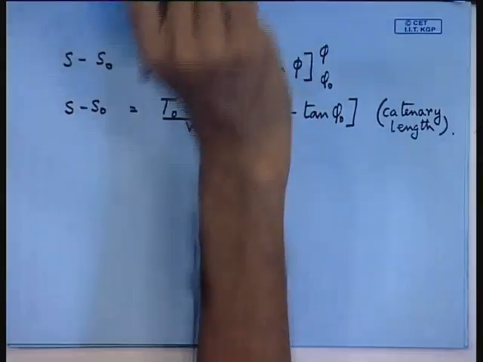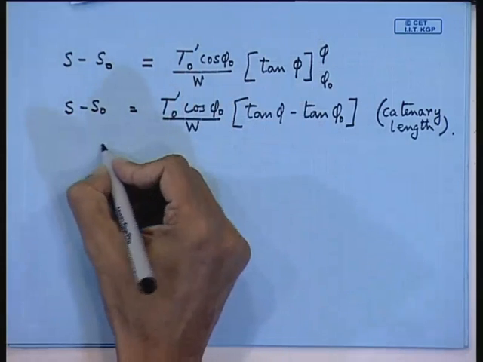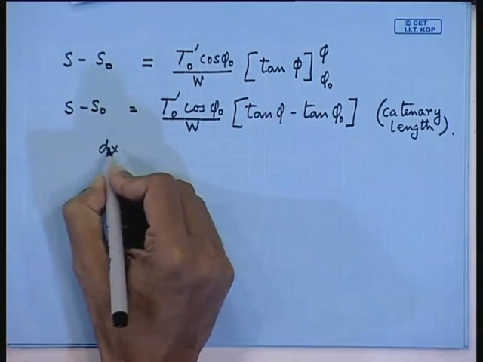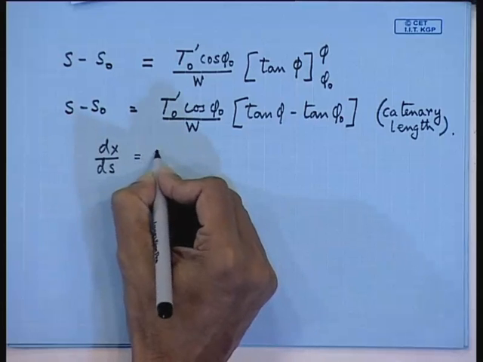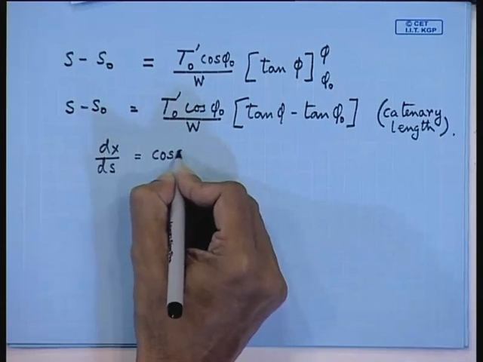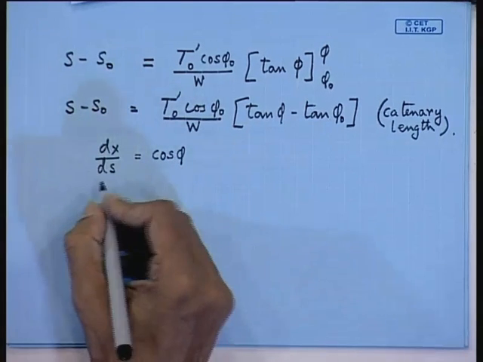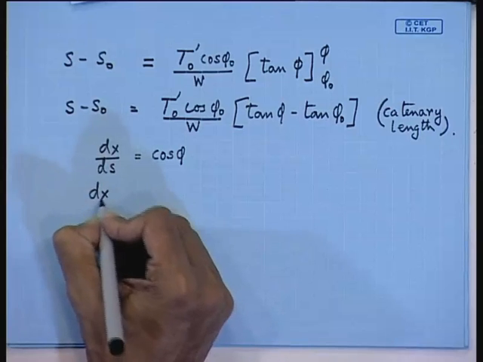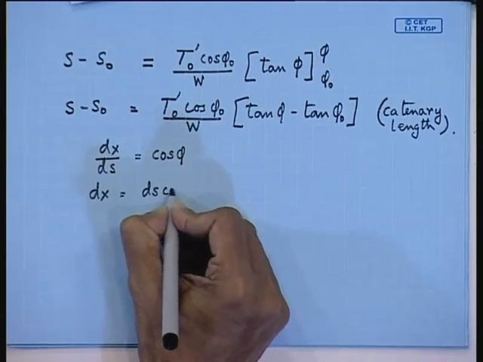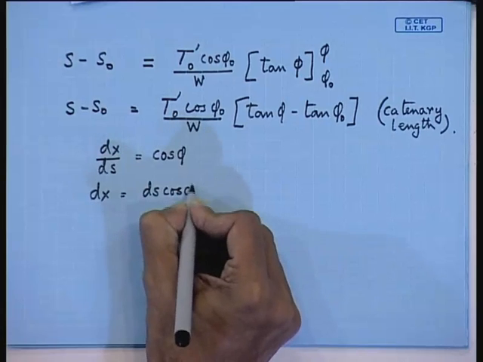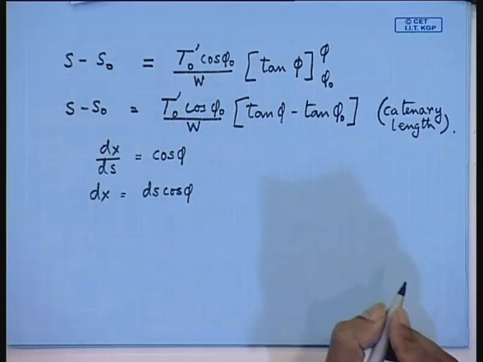So the expression is dx over ds, which is simply cos phi. So from this, dx is equal to ds cos phi. Now you substitute the expression for ds.